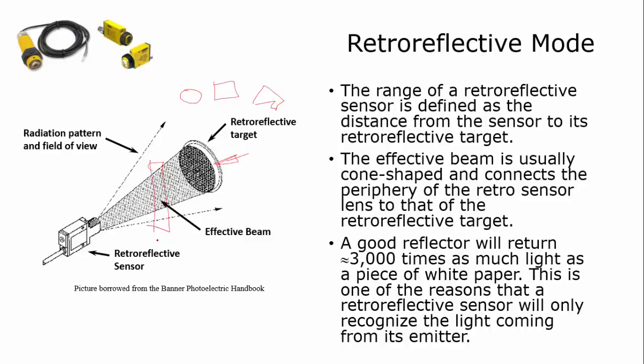I've used a sheet of paper, I've used a white object, and it works. But it's not as reliable, it doesn't work as well as when you use an actual reflector. Again, they should be white or a silver type color, not red or amber or anything like that.